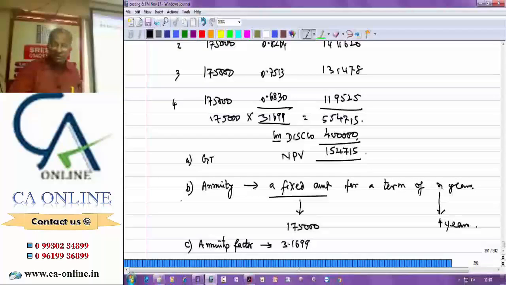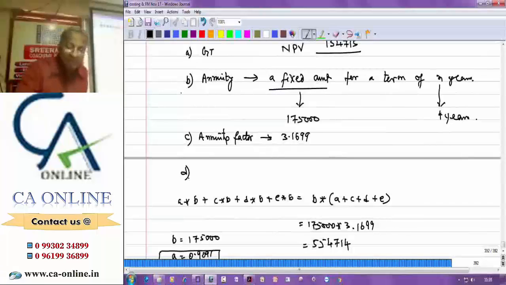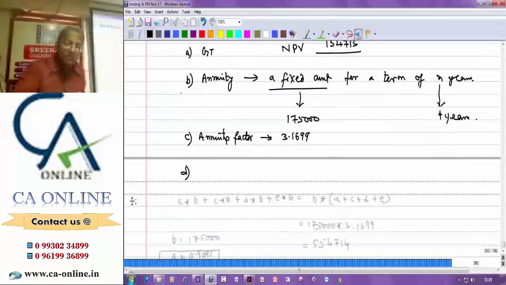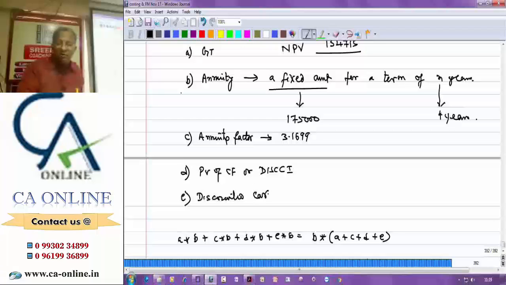So we have just learnt not 3, we have just learnt more than that. I will just sum up. We have learnt about the present value of cash flow, or you call that discounted cash inflow. And we have learnt about discounted cash outflow.